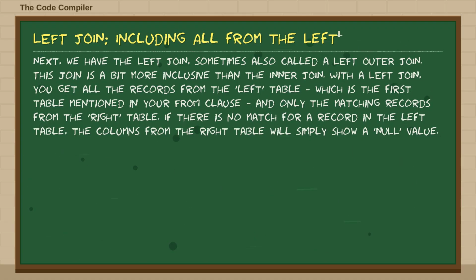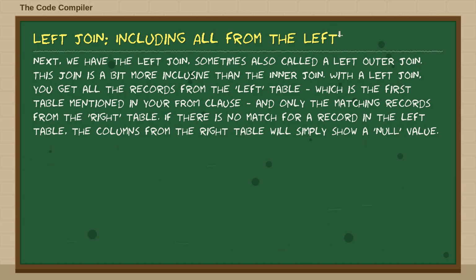For example, if you want to see all employees, including those who might not yet be assigned to a department, a left join is your friend. In our Java application, the approach remains similar.